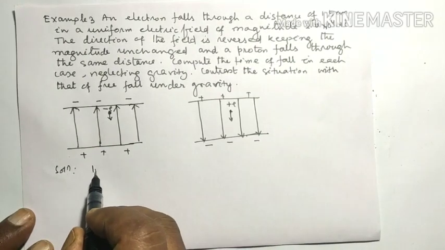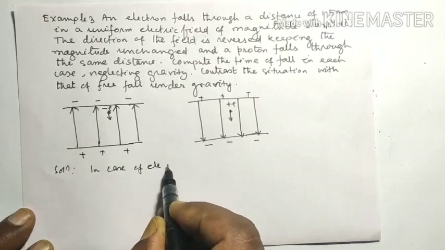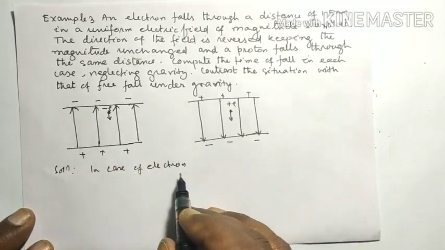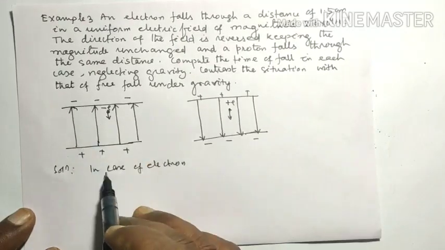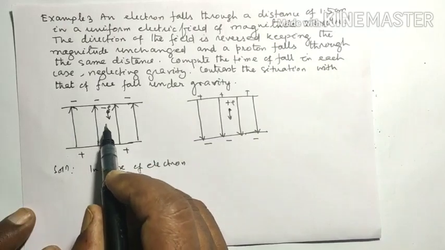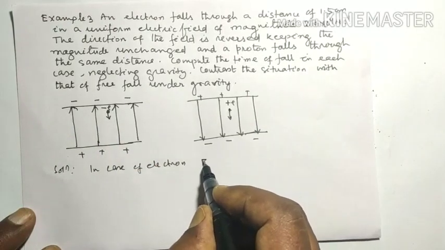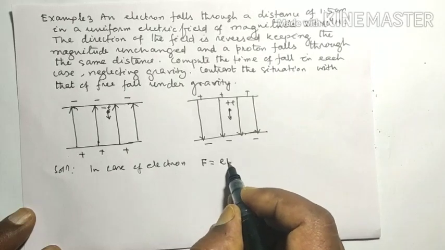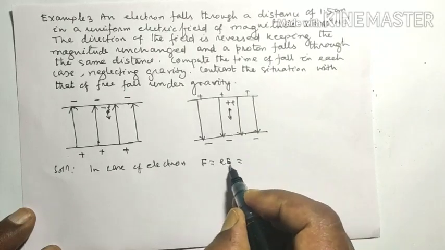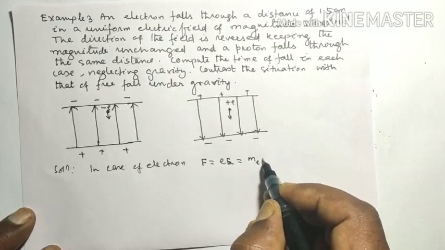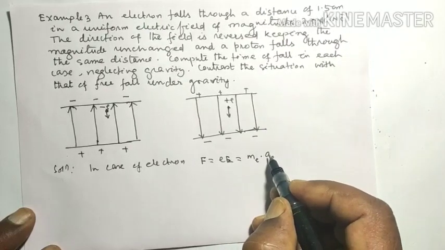So in case of electron, electric force is upward and electron is negative charge, so it falls downward. So force on the electron, that is F equal to EE, and this is equal to mass of the electron ME and its acceleration AE.